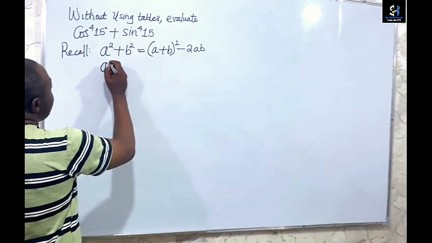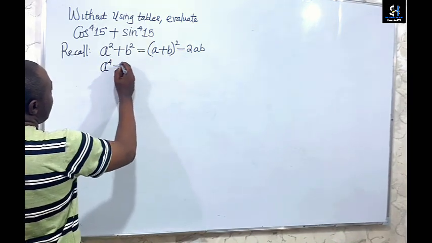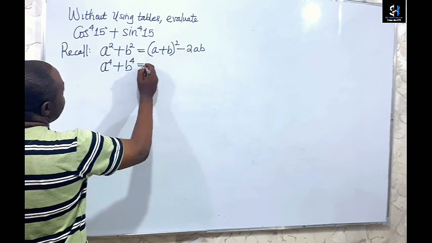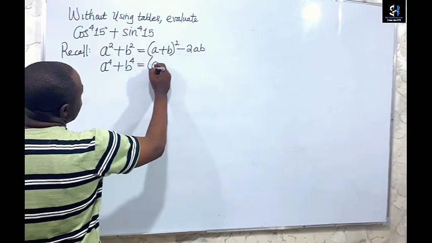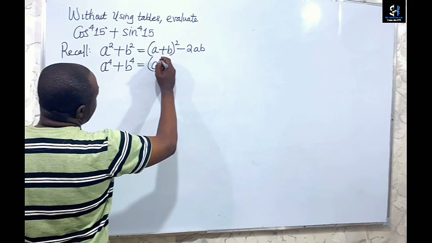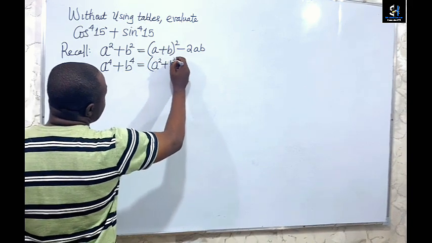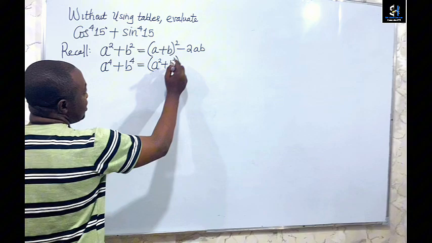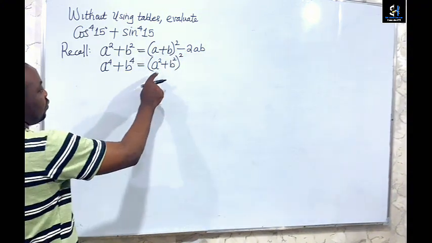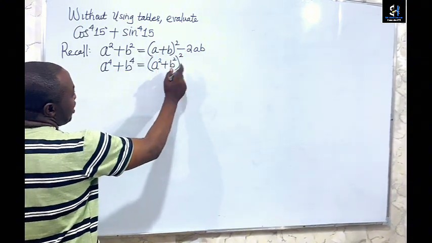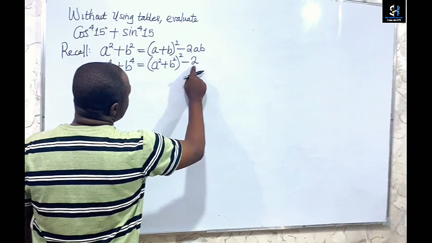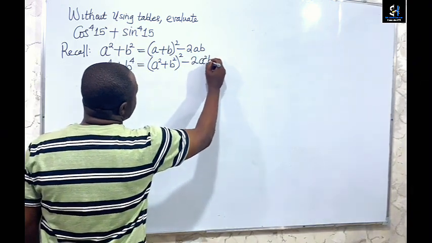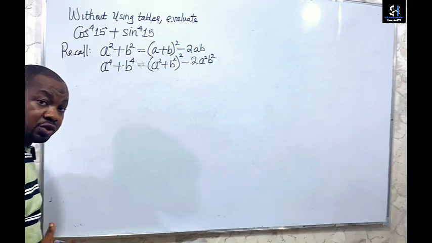So if we have a raised to the fourth power plus b raised to the fourth power, then this will be the square of the sum of the squares of a and b minus 2 multiplied by a squared and b squared.